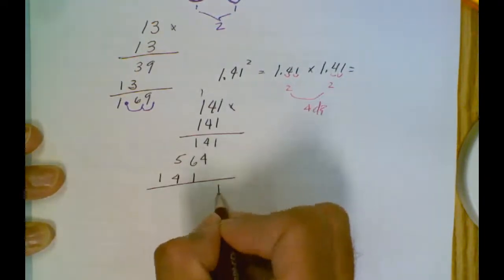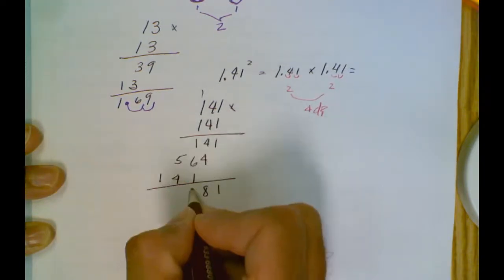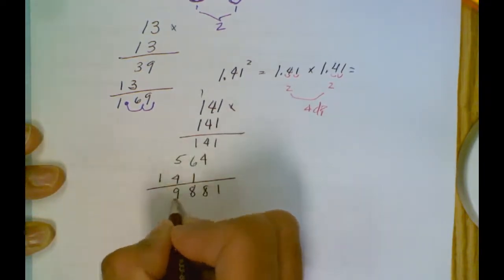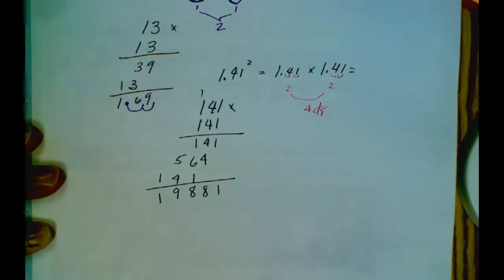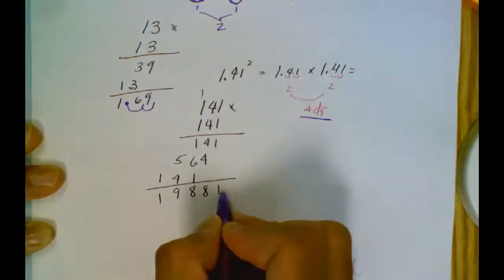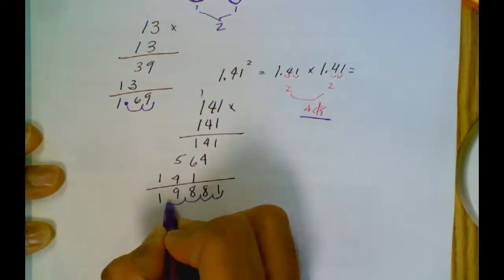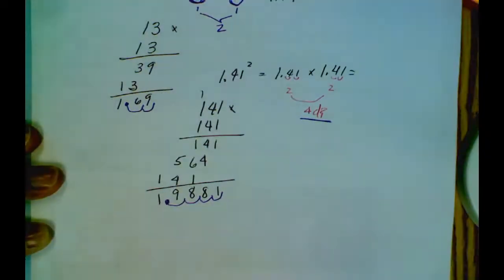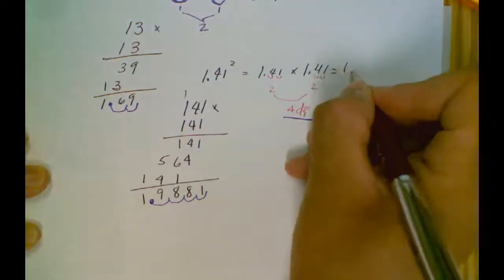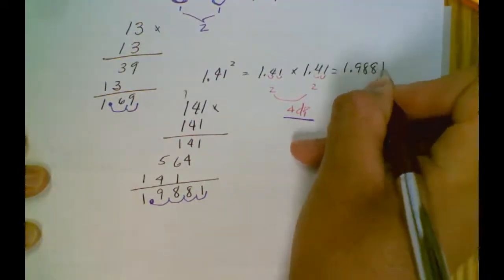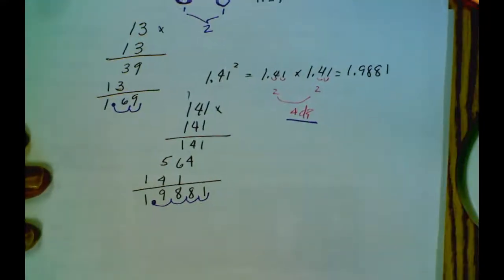Then 1, 8, 8, 9, 1. And we had 4 decimal places, so we run 1, 2, 3, 4. So it's 1.9881. So that's what we have.